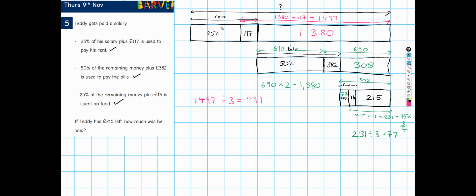We can just add the 499. Either way we do it, 499 added to 1,497 gives us 1,996. And that is our solution.